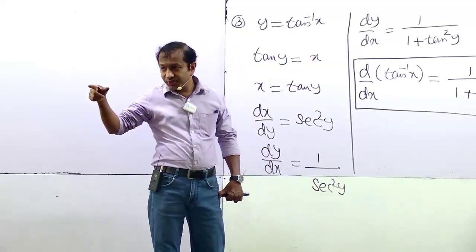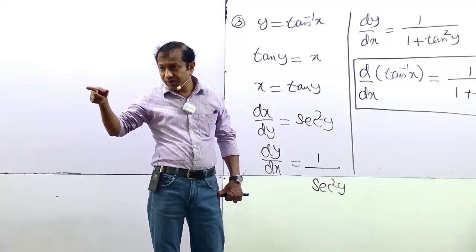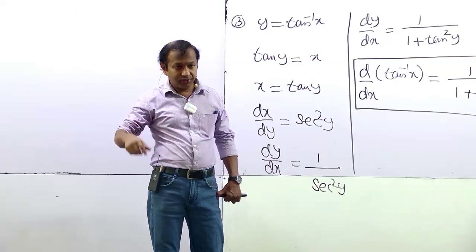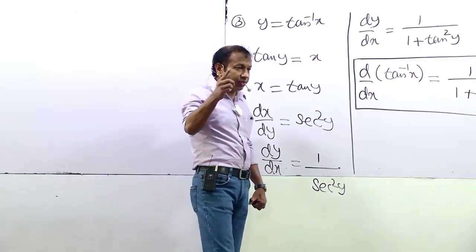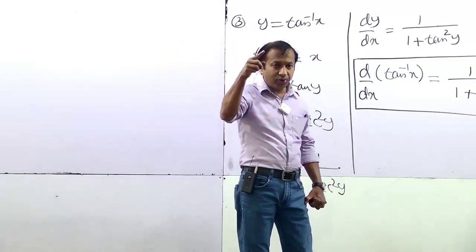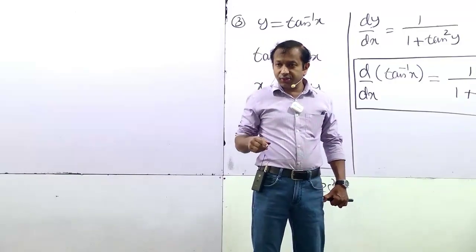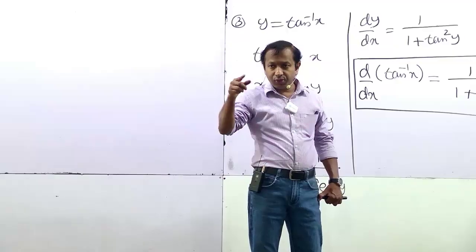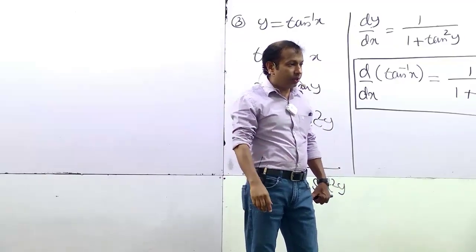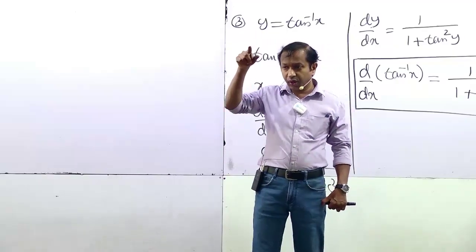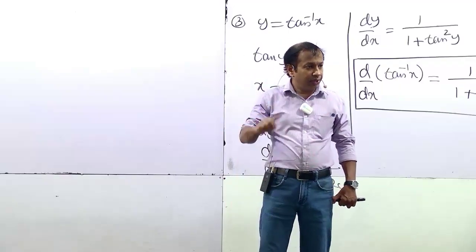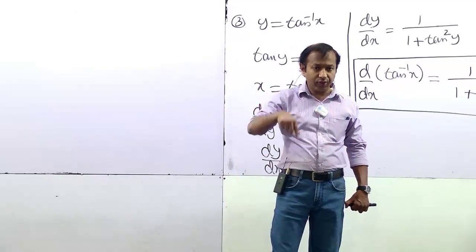Derivative of cosec x, minus cosec x cot x. Derivative of sin inverse x, 1 upon square root of 1 minus x squared. Derivative of cos inverse x, minus 1 over square root of 1 minus x squared. Derivative of tan inverse x, 1 over 1 plus x squared. Derivative of ln x, 1 over x.